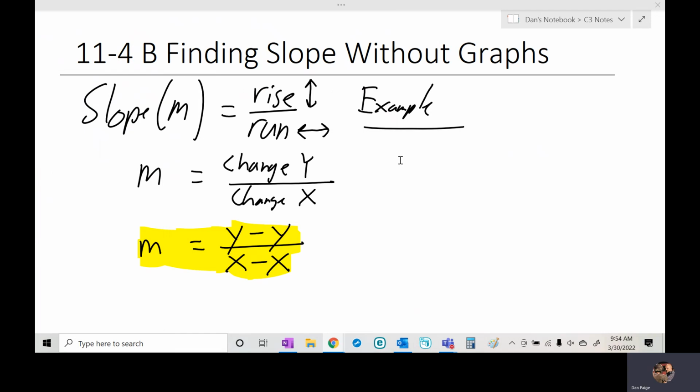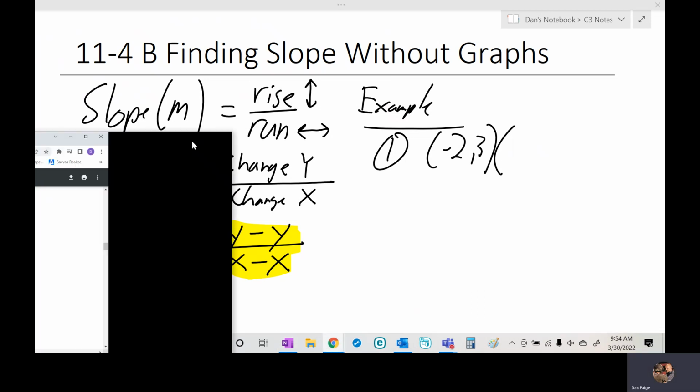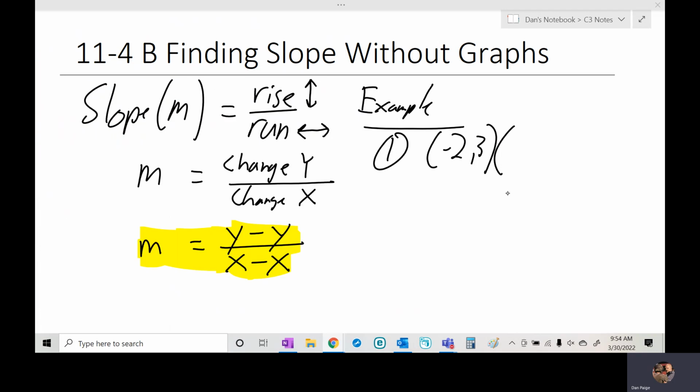So instead of actually graphing it out, here's our first example. You'd say, okay, there's a point at (-2, +3). And this other point is at (+2, -5). Right, you see that? Right 2, down 5.